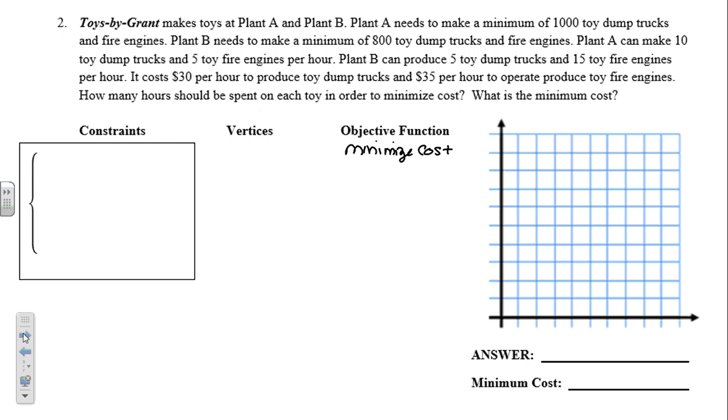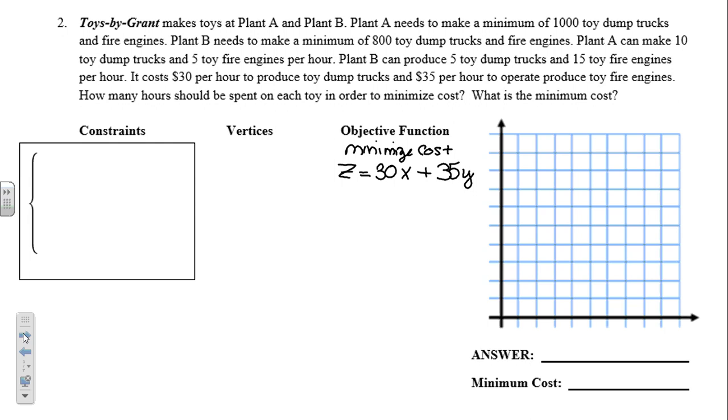So we're trying to minimize our Z function, which is $30 per hour times however many hours we're producing dump trucks. Z is just a letter. That's typically what we use for our objective function, its value. And then $35 per hour times however many hours we are producing fire engines. So X is not the number of fire trucks we're making, right?